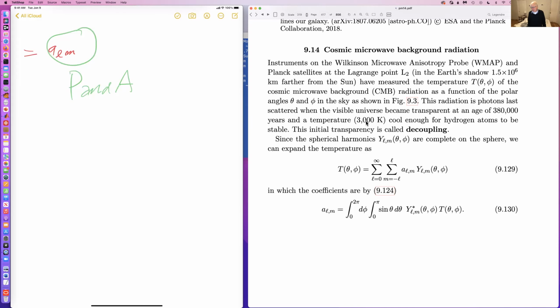the photons were cold enough, so the Planck distribution of photons at that point was cold enough that they very rarely were able to excite a hydrogen atom from the ground state to the first excited state. And of course, this distribution of photon energies looks like that, and you had to suppress the tail.